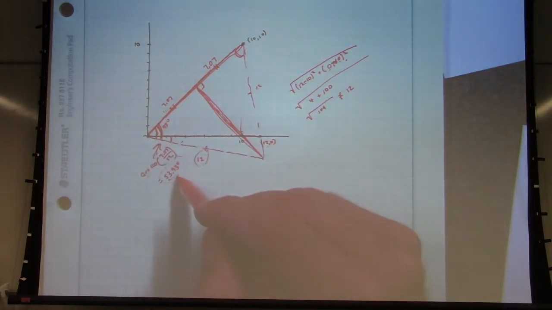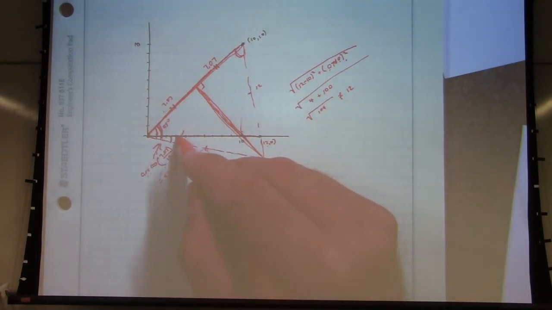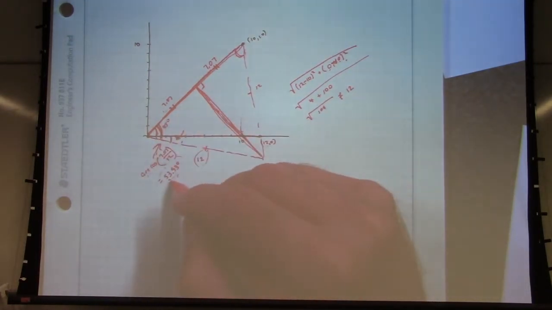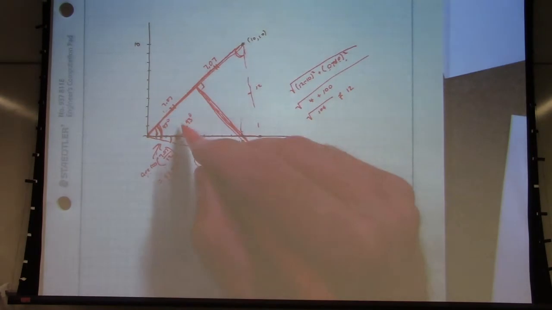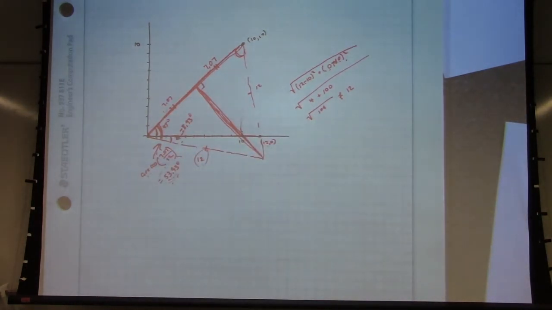The total angle is 53.93 degrees. Therefore, this angle is nothing more than 53.93 minus 45, which is 8.93 degrees. In fact, it would be a negative 8.93 degrees. That makes sense?